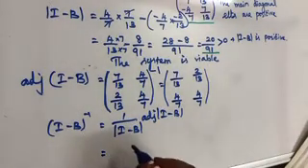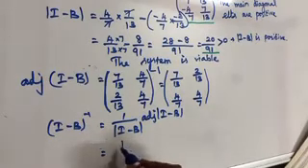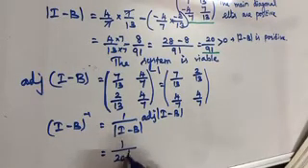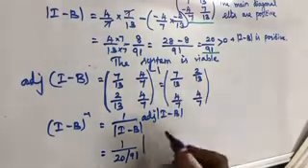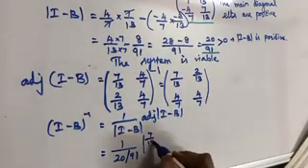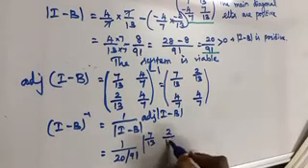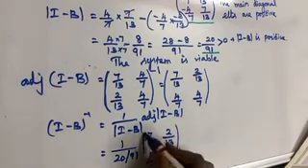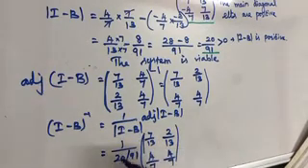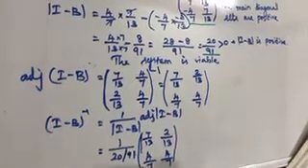So 1 divided by 20 by 91 into 7 by 13, 2 by 13, 4 by 7 and 4 by 7.